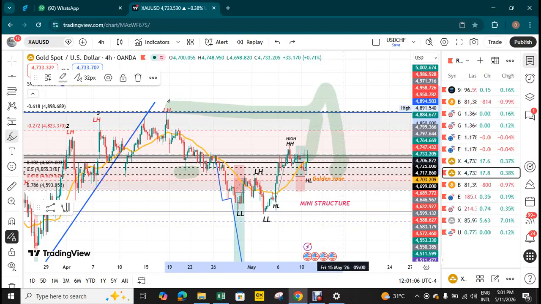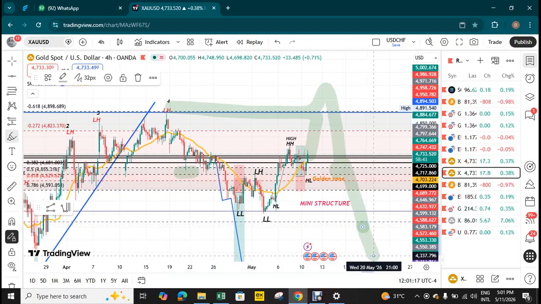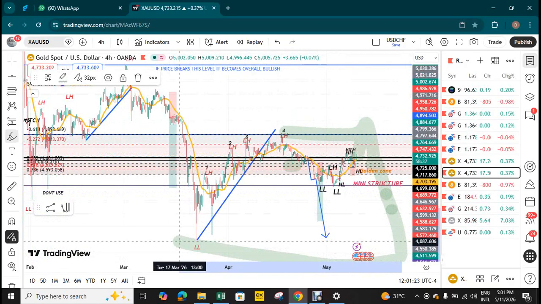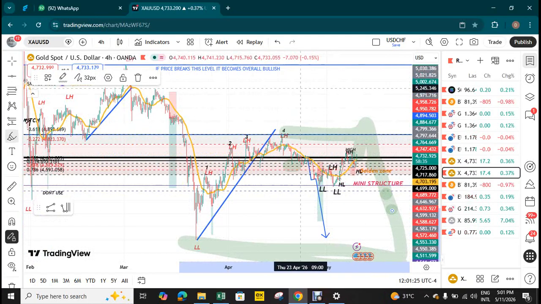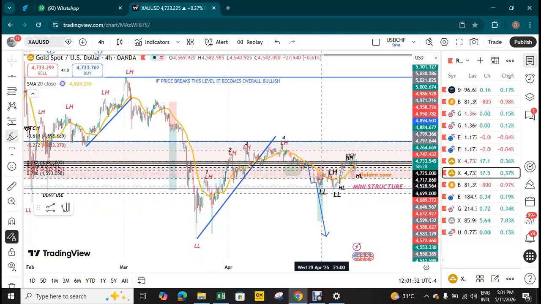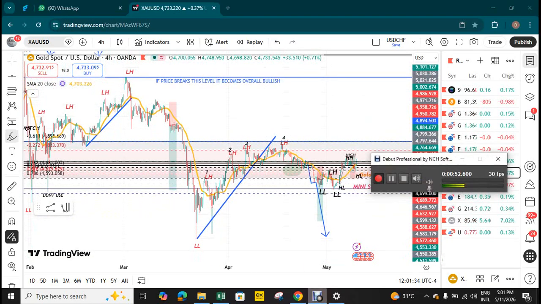We see price shoot towards the downside, because as I said before, gold on the general overall is very much bearish. So we need to expect price to come down to give us a new lower low, which is around this level. It needs to cross this and give us a new one beneath. So that's it.